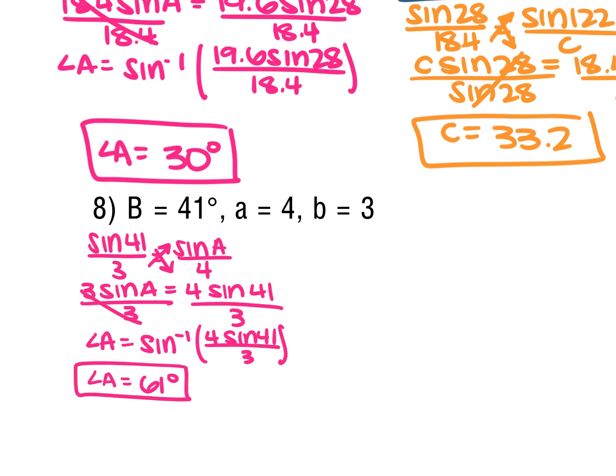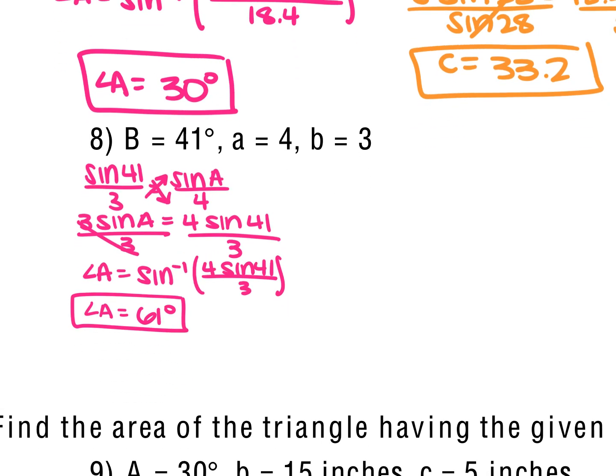To find your third angle in that first triangle, angle C is equal to 180 minus 41 plus 61, which gives us 78 degrees. So angle C is 78 degrees.